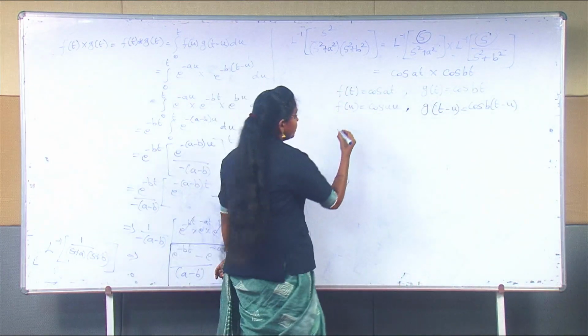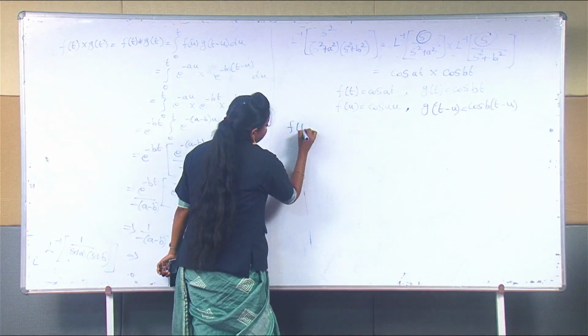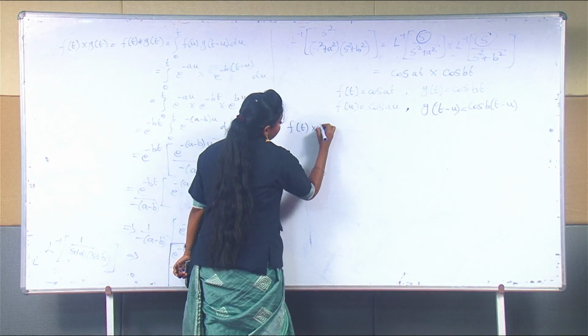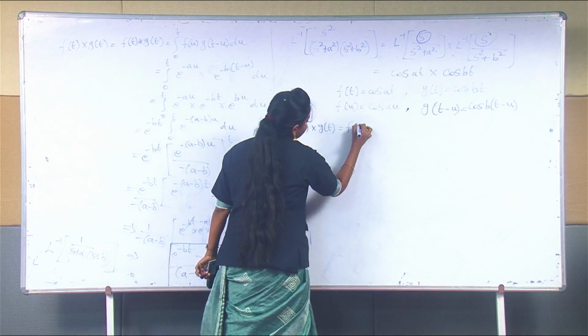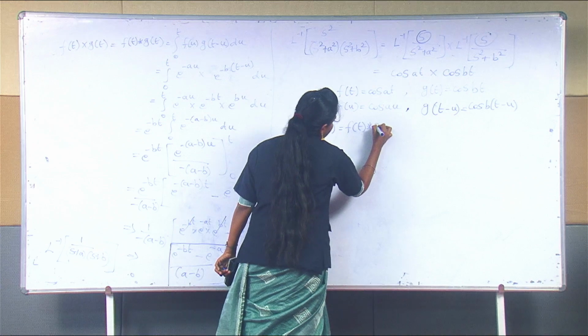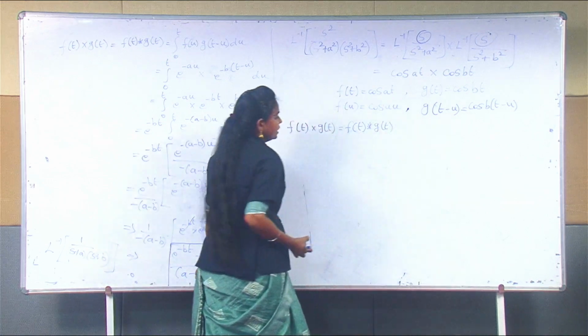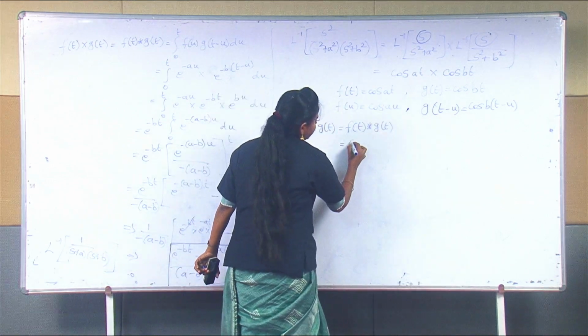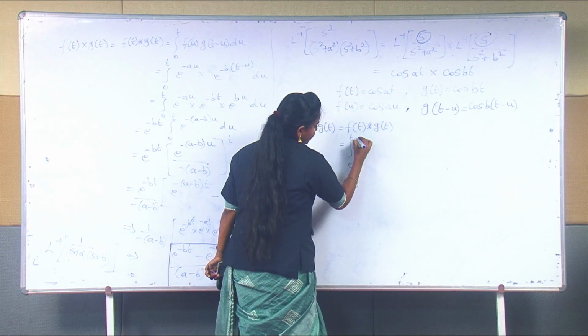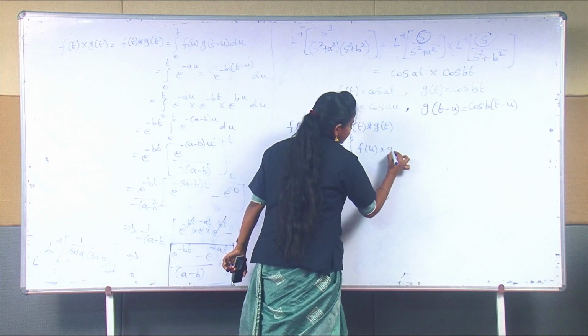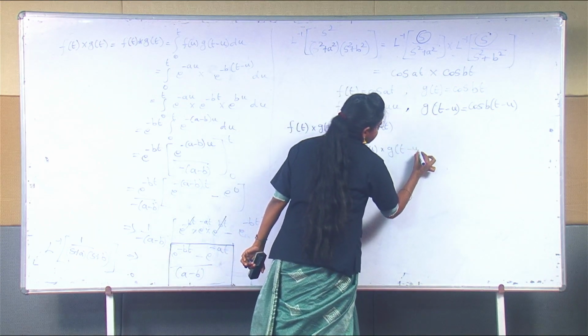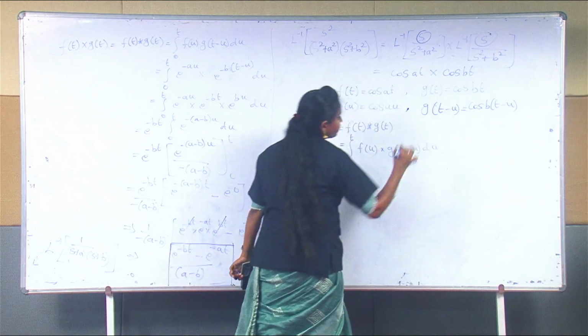The formula I am going to use is f of t star g of t, which is equal to the convolution of f of t and g of t, which is nothing but the integration from 0 to t of f of u into g of t minus u du.